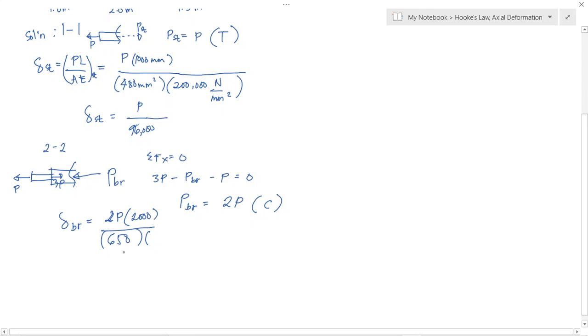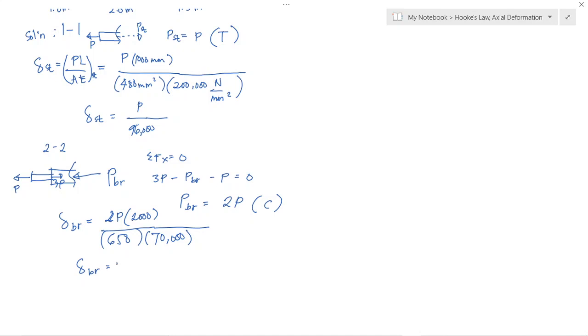So, you have 70,000 here because it is in megapascal. We converted it to megapascal. So, the deformation of bronze will be equal to, simplify, 4,000 divided by 650 by 70K. Okay, so we have P over 11375.